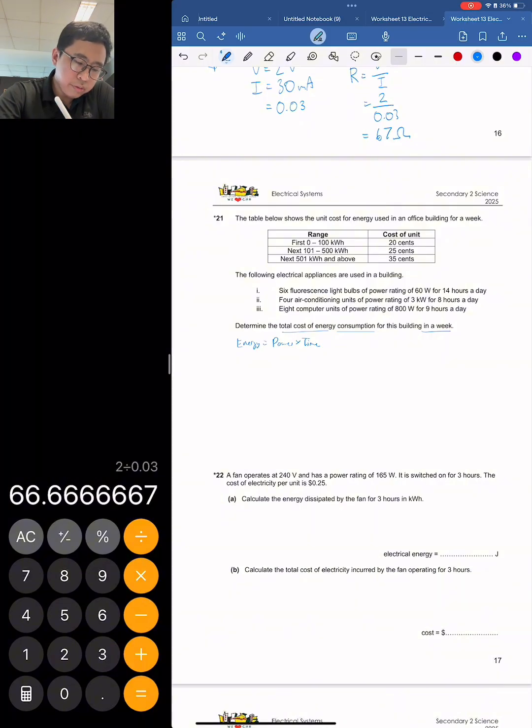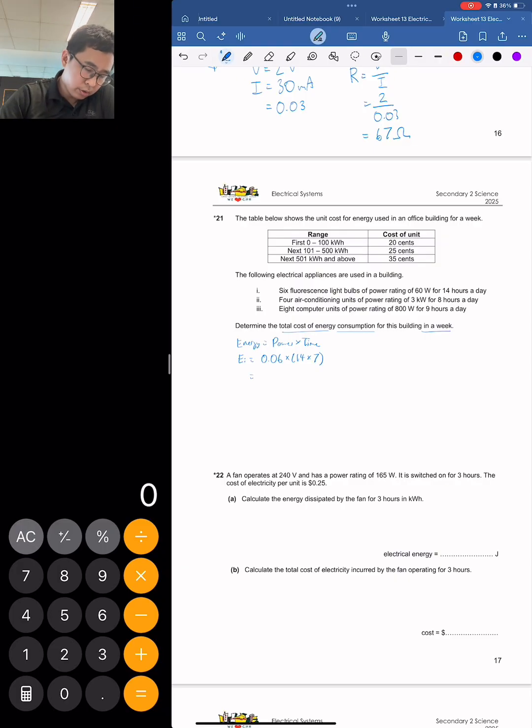So let's say we want to calculate the fluorescent bulbs. E equals 0.06 times 14 times 7, which equals 5.88.